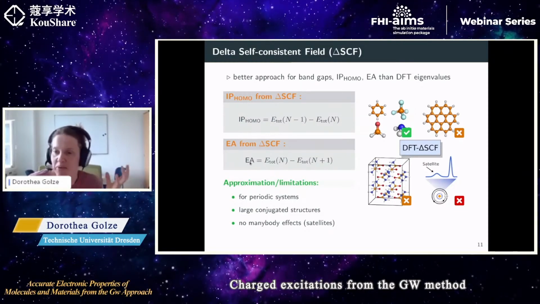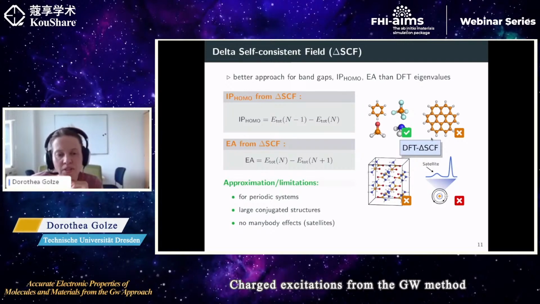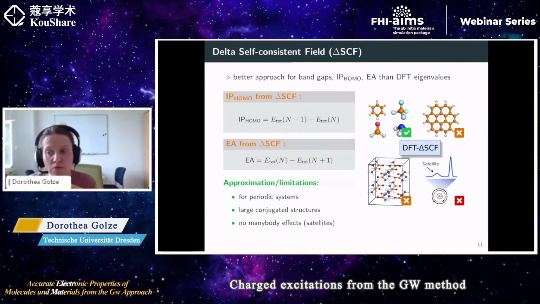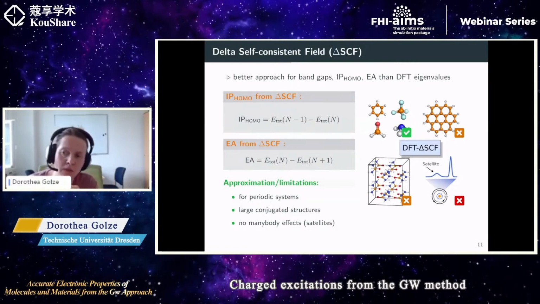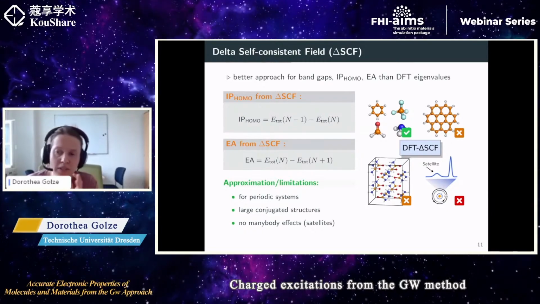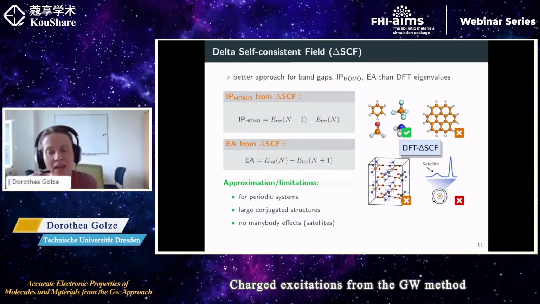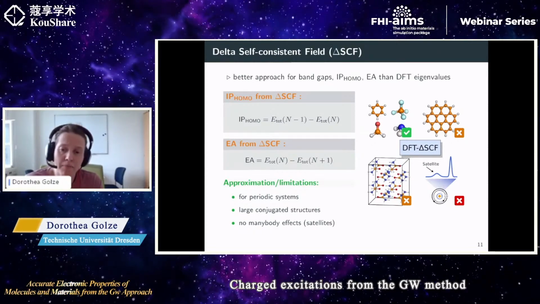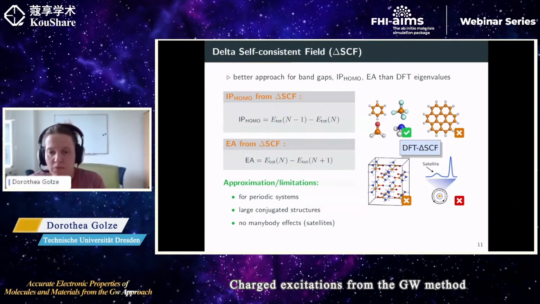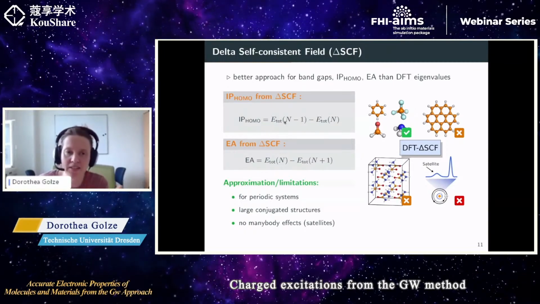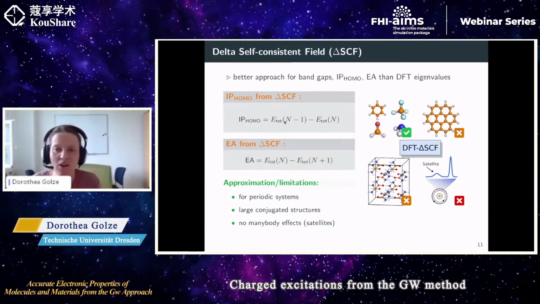So that works actually very well for small molecules. If you go to larger conjugated structures, it's much more difficult to constrain the hole, even if it's a core electron. I don't say impossible, but the accuracy then deteriorates. Generally for periodic systems, we have the problem that periodic boundary conditions and an n-1 calculation are obviously a problem.